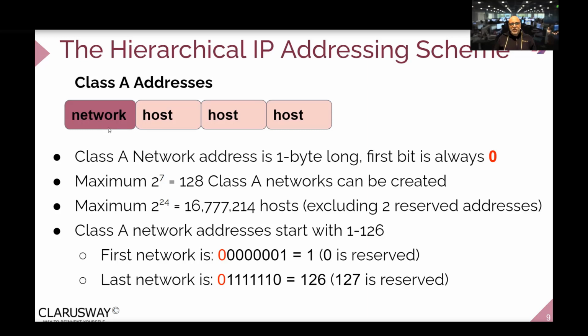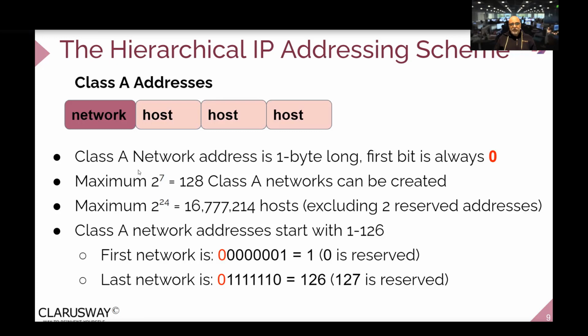So for each of the 128 networks, I can have just over 16 million hosts on each of those networks. Okay. Now, just one thing to note: 0 is reserved. We're going to subtract that. I said 128, but 0 is reserved, and 127 is reserved.